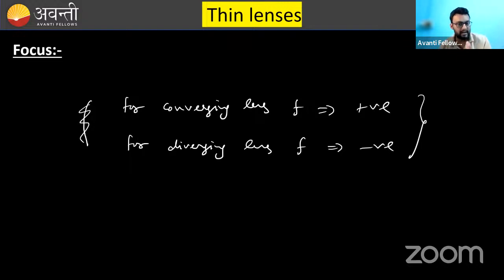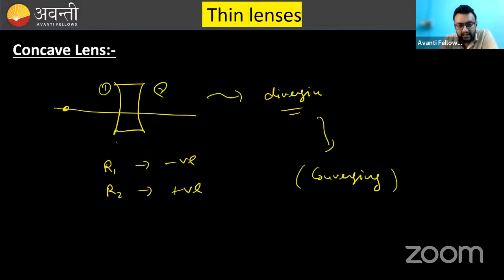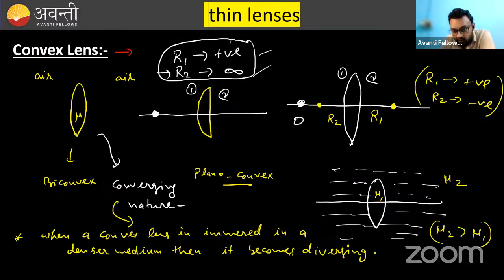Mark my words. I am not saying that focal length for convex lens is positive. No. I am saying focal length for converging lens is positive and for diverging lens is negative. That means when you immerse this convex lens in a liquid and it becomes diverging, its focal length will also become negative because it is of diverging nature now.